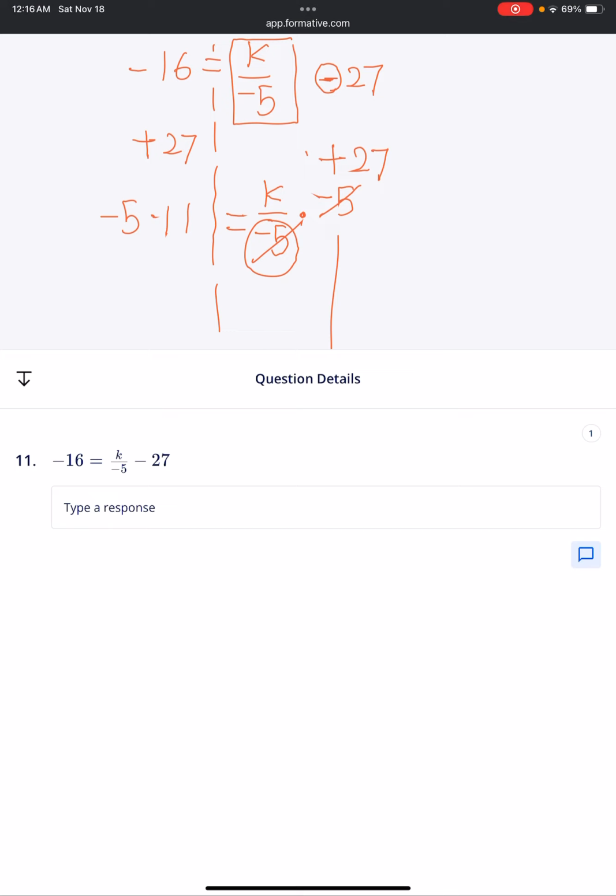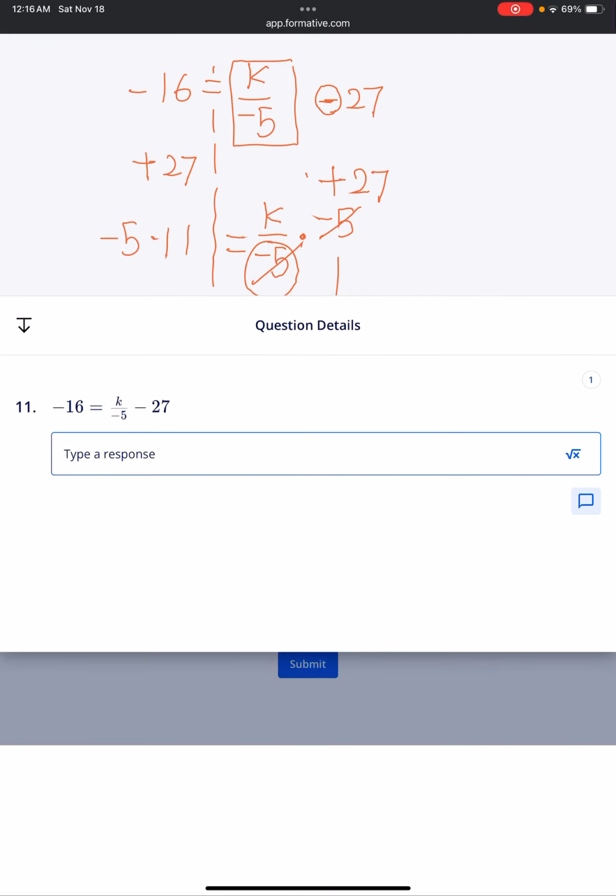On the right side you will be left with just k, and the left side is negative 55. That's it, guys. So I'm going to rewrite it. Negative 55 will be your answer.